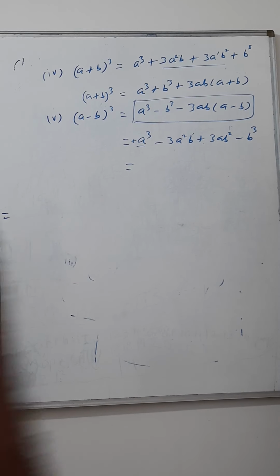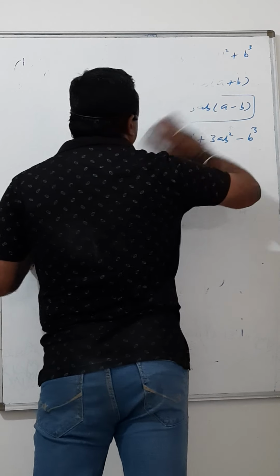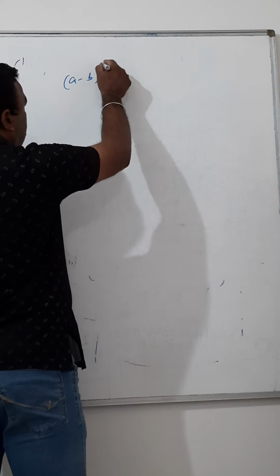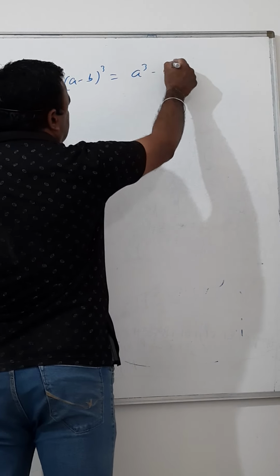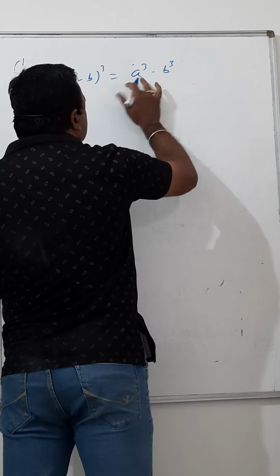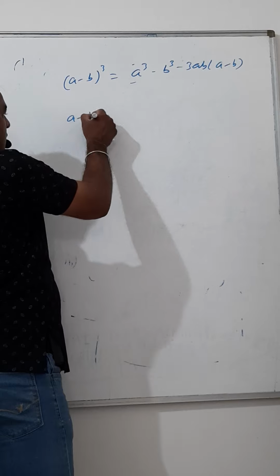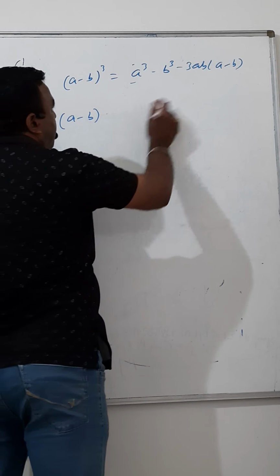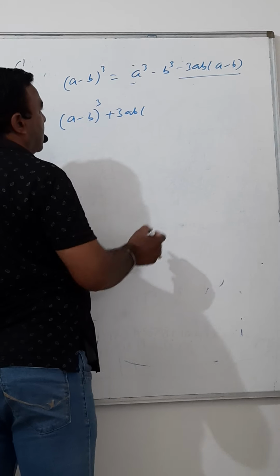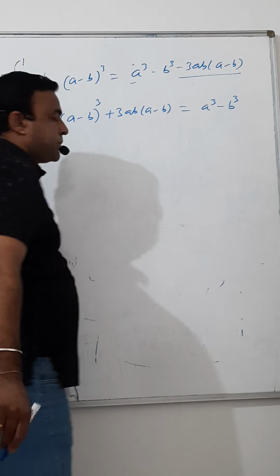Now let's find the factors of a cube minus b cube from these two formulas. (a minus b) whole cube is a cube minus b cube minus 3ab(a minus b). I bring this section here: plus 3ab(a minus b) equals (a minus b) whole cube plus 3ab(a minus b) is equal to a cube minus b cube.